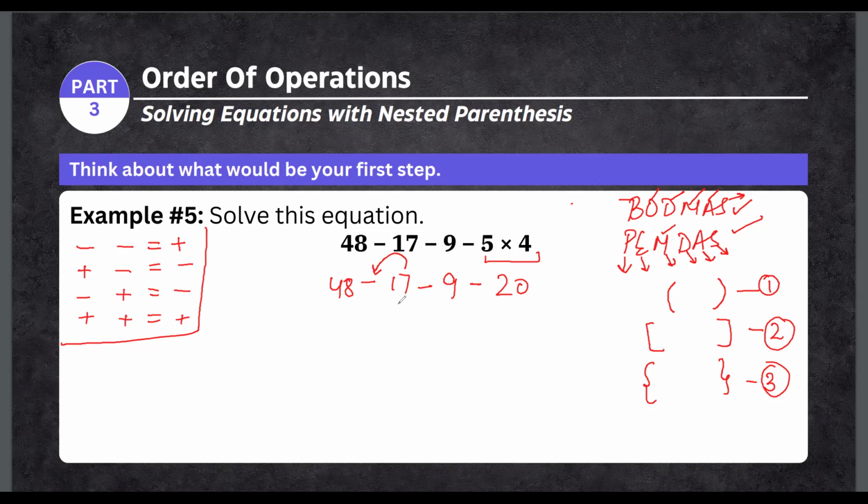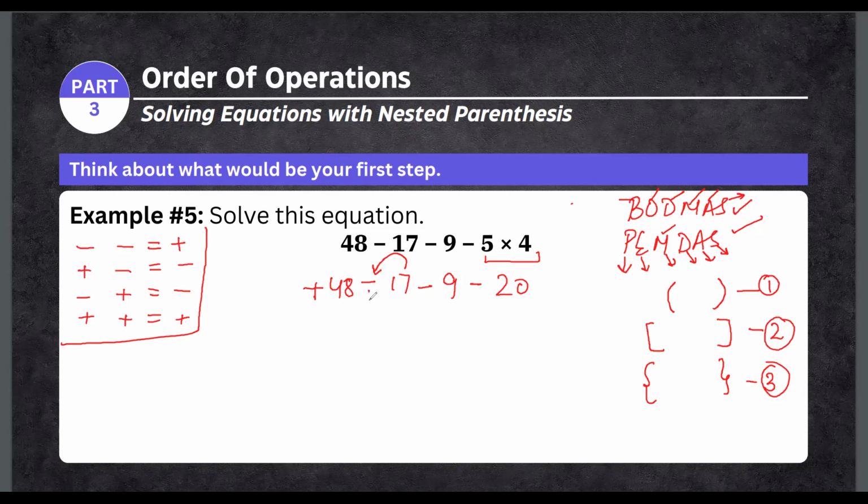If I am asking whether 17 is positive or negative, you need to check the sign before it, so 17 is a negative 17. What about 48? Before 48, there is no sign at all, so that means it is a positive number. But we always have to check the sign before the number, and accordingly we have to solve it.